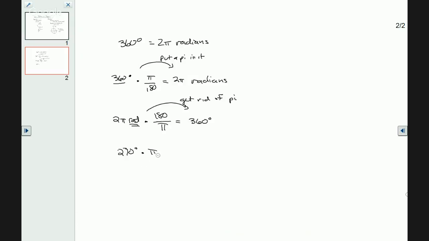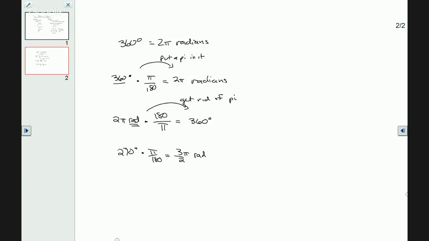Yep, pi over 180. So we get, what's 270 over 180? Oh, as a fraction. What? Yeah, 1.5. What we usually do is write it 3 over 2. That's 1.5, right? So you'll see it written in fraction form.